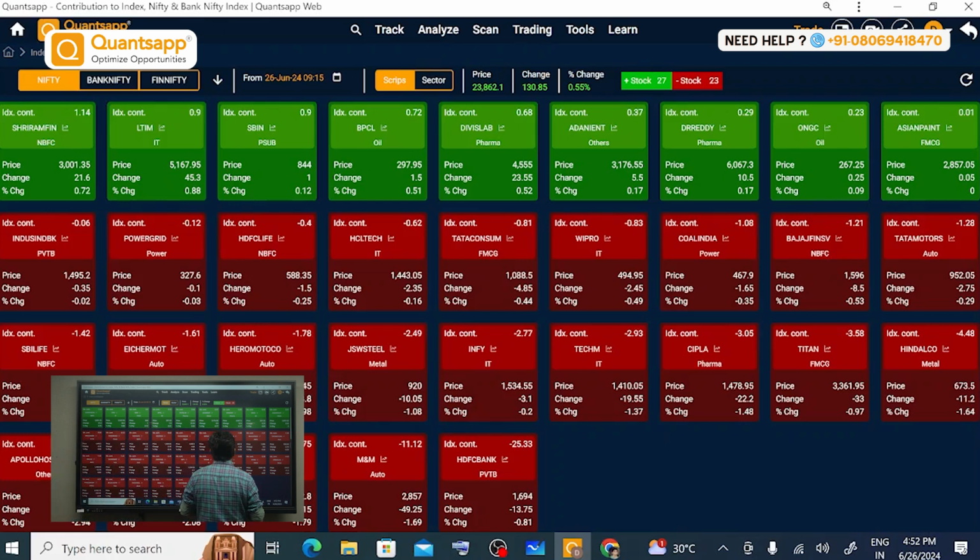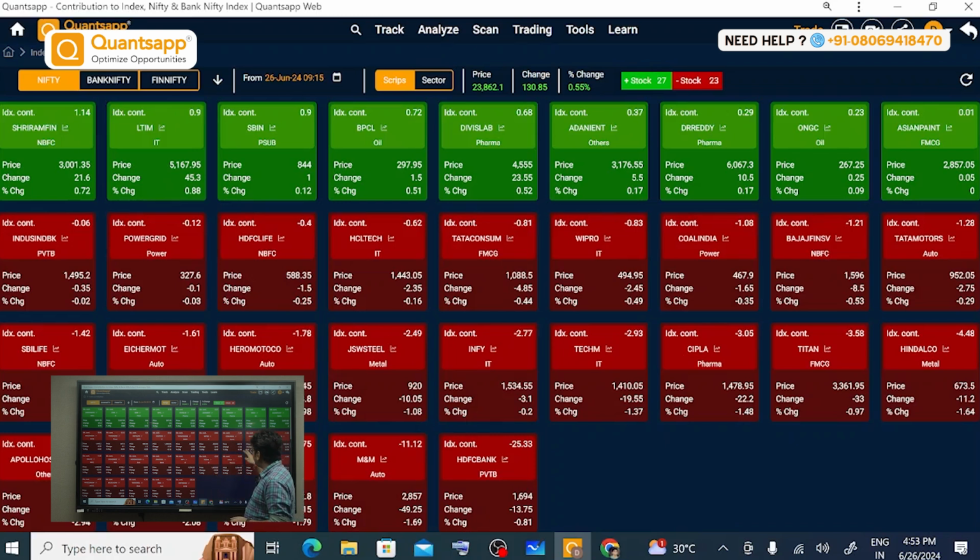Now just look at the change in price and also the percentage change. It is very minimal. You can see in IndusInd Bank the price is 1495, 1400 scrape, and the percentage change is minus 0.02. Look at Power Grid, HDFC Life, HCL Tech, Tata Consumer.